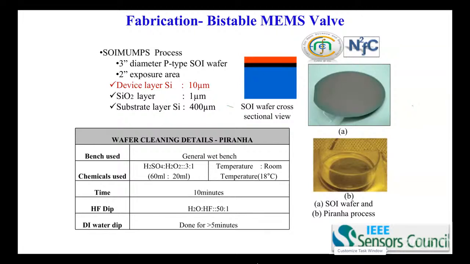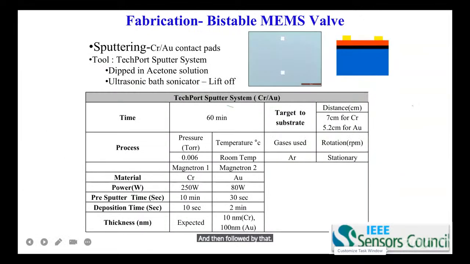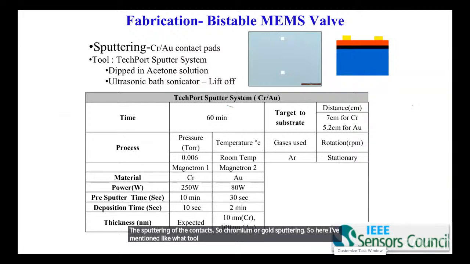And then followed by that, the sputtering of the contacts, so chromium or gold sputtering. Here I've mentioned what tool has been used and what settings have been used for this purpose.